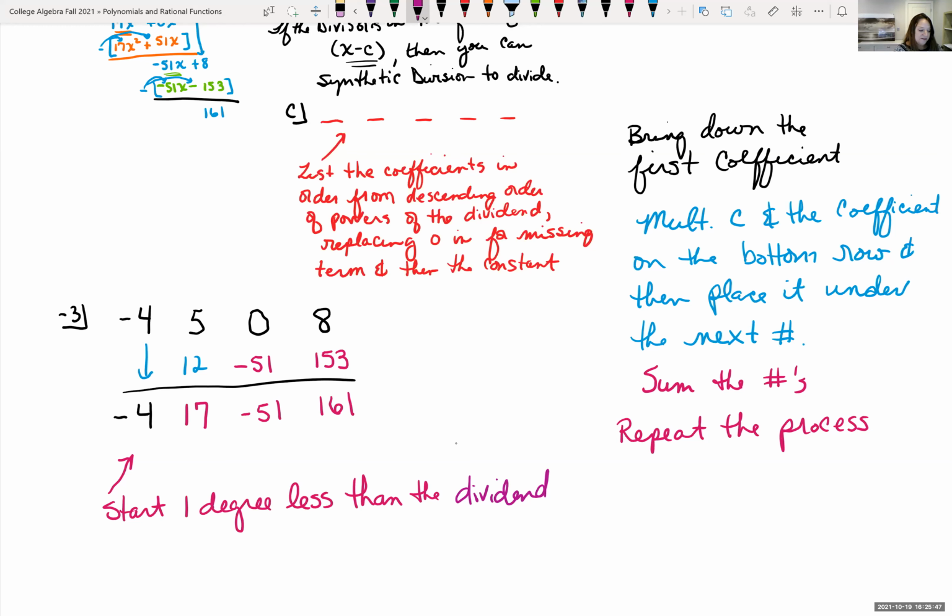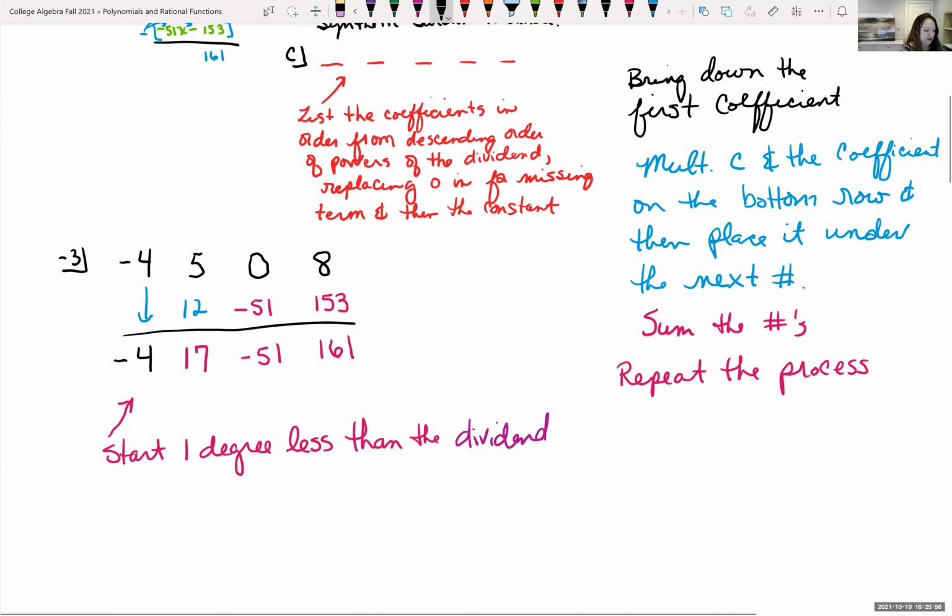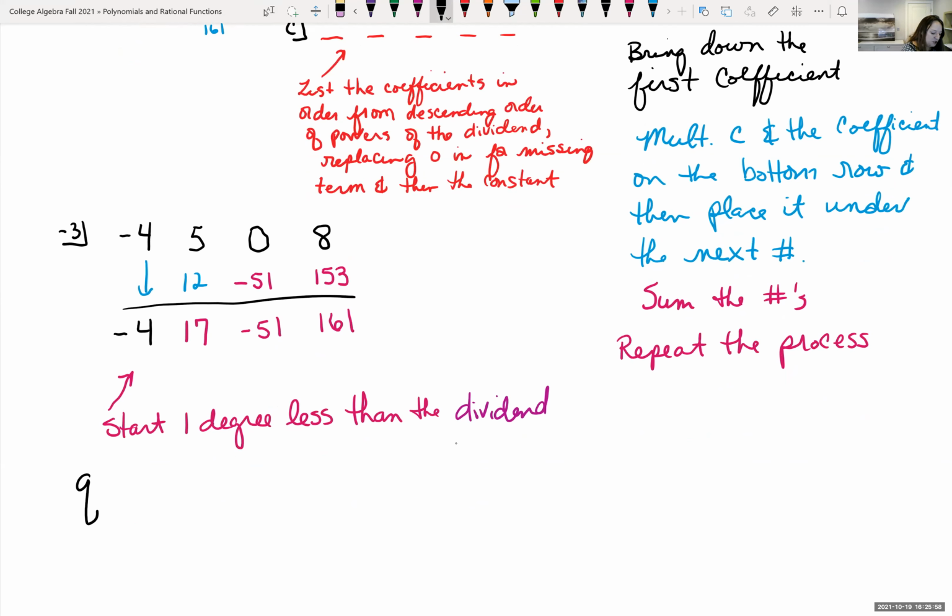So our f of x value, that was a cube. And so 1 degree less than a cube is a square. And so our q of x value, our quotient, is equal to -4x squared, and then just go down in descending order of powers. So that's plus 17x minus 51.